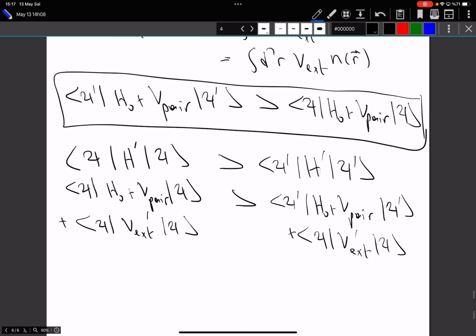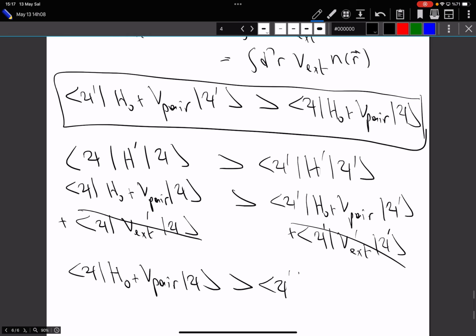These are primed. But since psi and psi prime have the same densities, that's our beginning assumption, these two are equal, so they cancel each other on both sides. So I have that the psi H0 plus V pair psi matrix element should be larger than the psi prime H0 plus V pair psi prime.